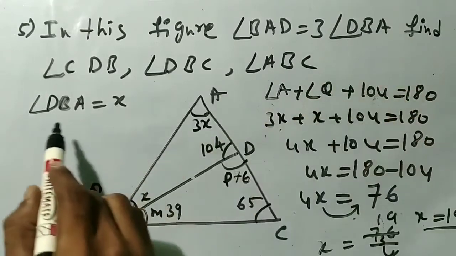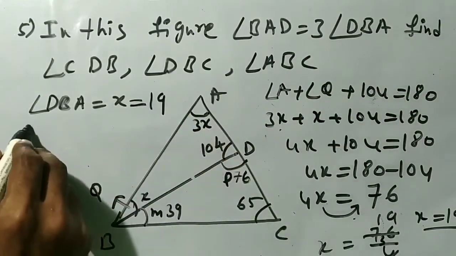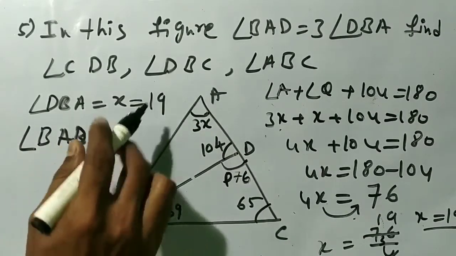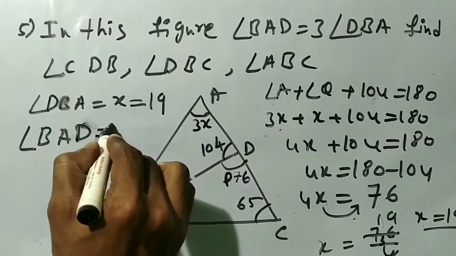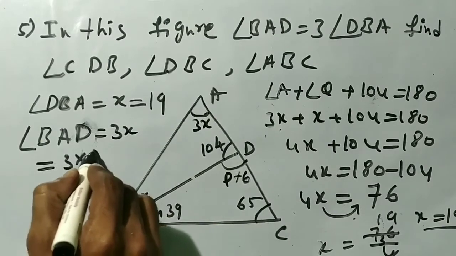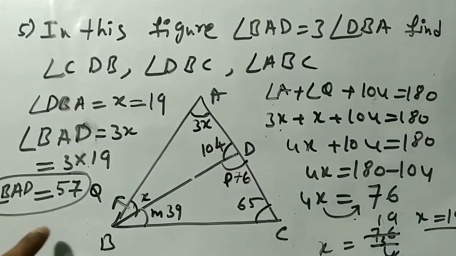We got DBA is equal to 19, and here BAD is equal to 3 into x, that is 3 into 19. We have to multiply 19 into 3. 3 nines are 27. You can multiply. Angle BAD is equal to 57.